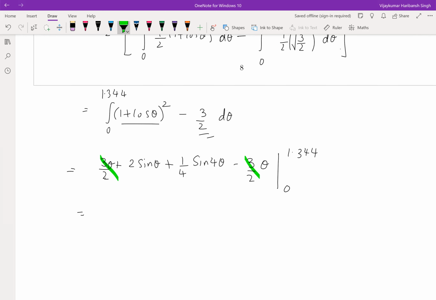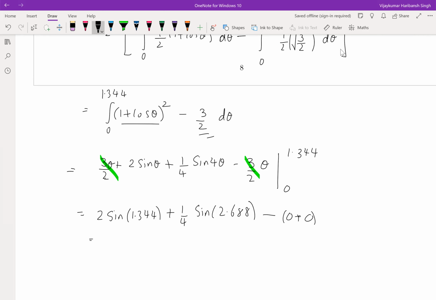So this becomes twice of sine 1.344 plus 1 by 4 sine of 2.688, minus, when you put 0, they are all 0, so 0 plus 0.